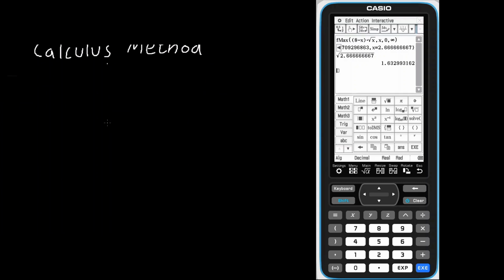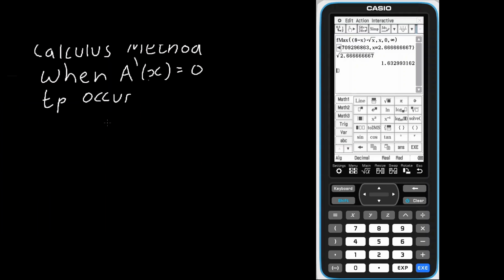All right, and what we say is when the derivative A'(x) is equal to 0, a turning point, TP, occurs. Solve for x using calc.